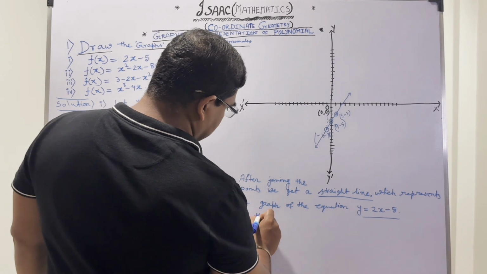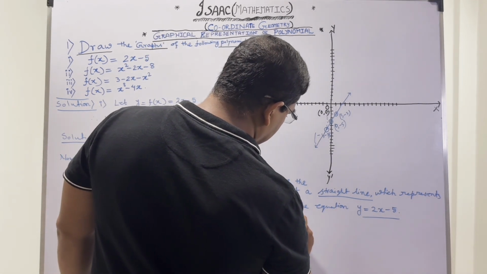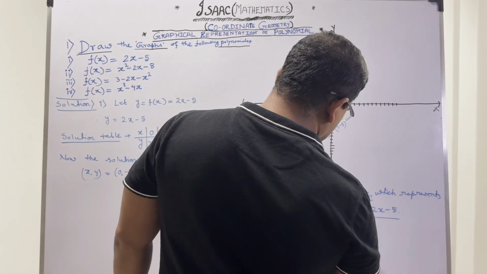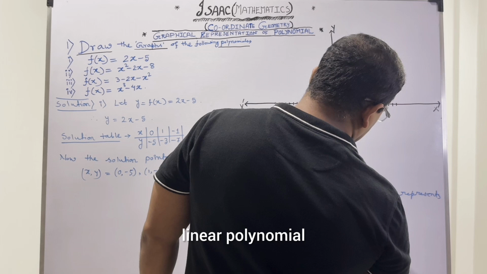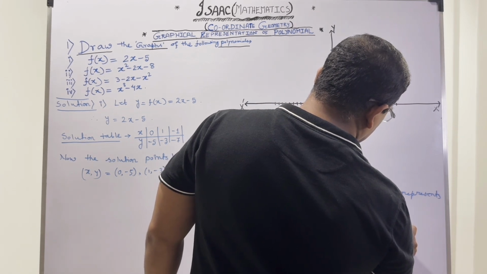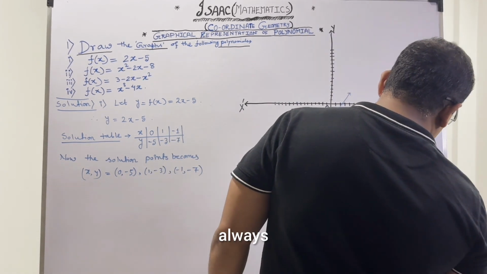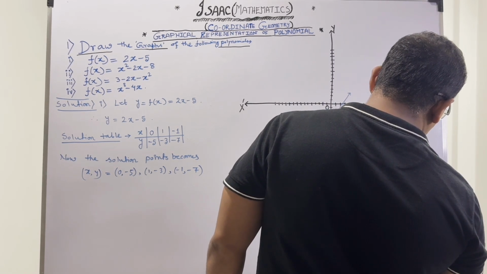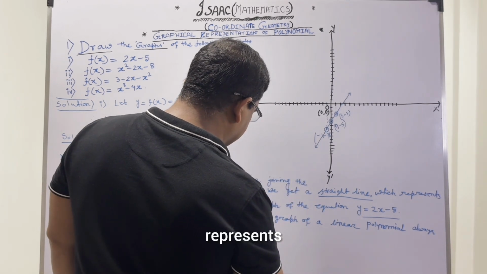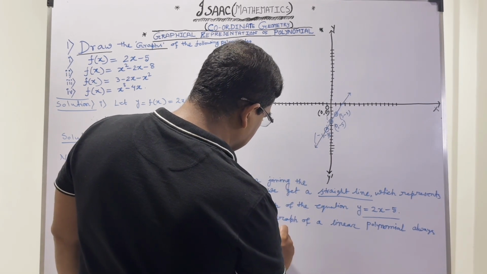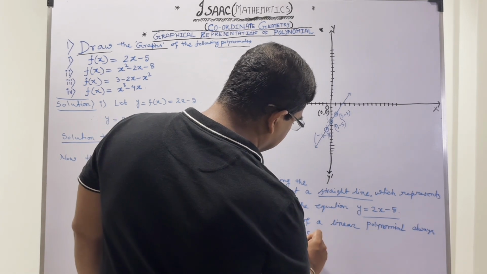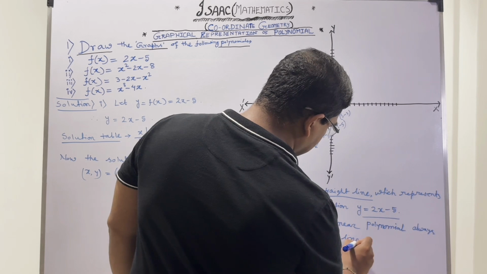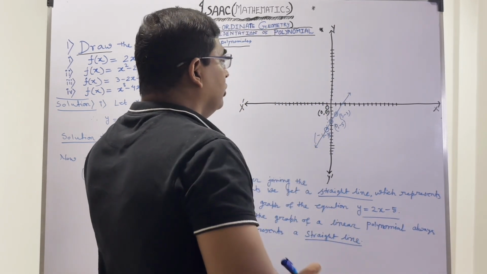So, the graph of a linear polynomial always represents a straight line.